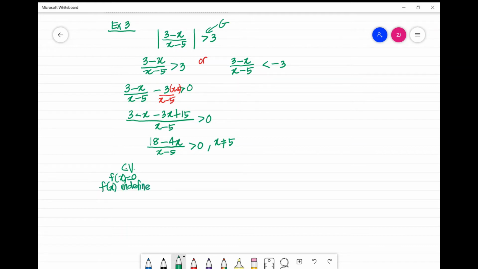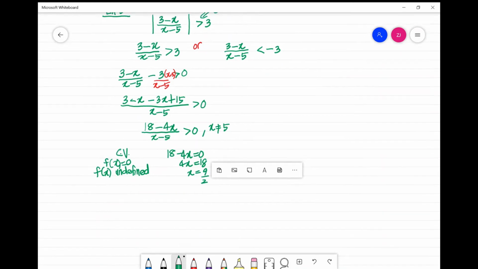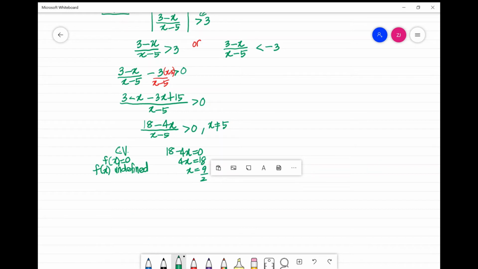So 18 minus 4x equals 0, so 4x equals 18 and x equals 9 over 2. Next, we find the second critical value: x minus 5 equals 0 and x equals 5. So we have two critical values: 9 over 2, which is 4.5, and 5.